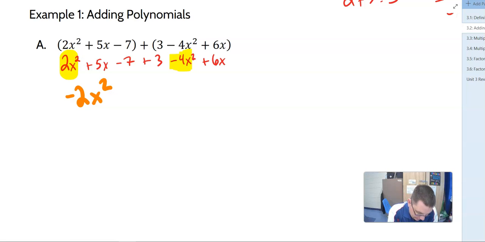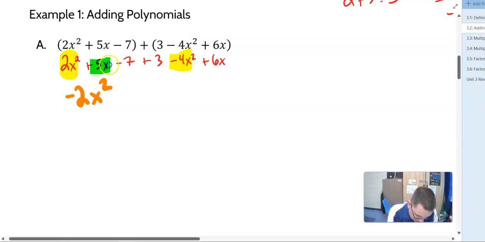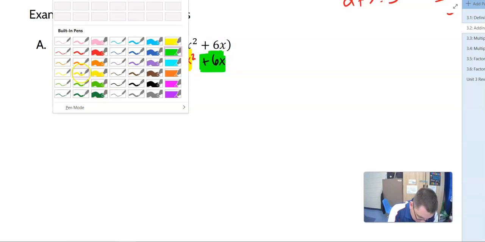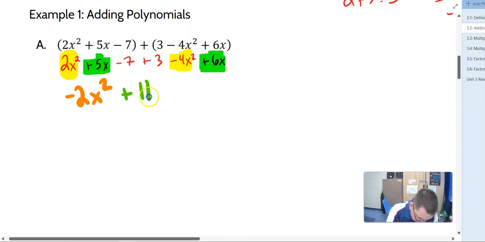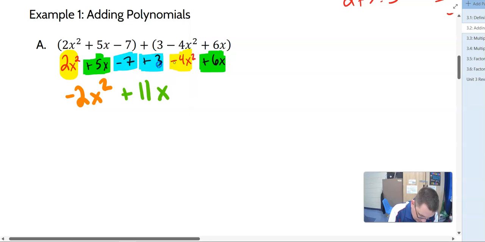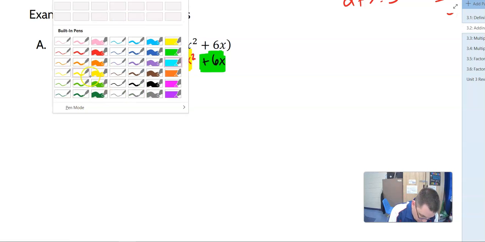And then we look at our next like terms. And we've got a positive 5x and a positive 6x. So positive 5 plus 6 is 11. And so we'll have plus 11x. Finally, we go to our third term. We have the negative 7 and the positive 3, both those constants. And so negative 7 plus 3 is negative 4.